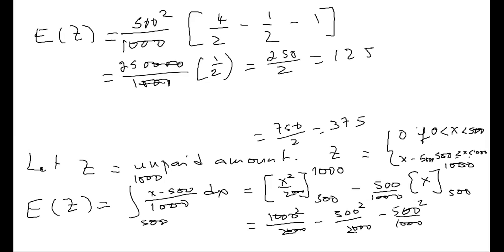The first property we did last week: the moment generating function is used to define moments by taking the kth derivative at 0. The kth moment equals the kth derivative of the moment generating function at 0.